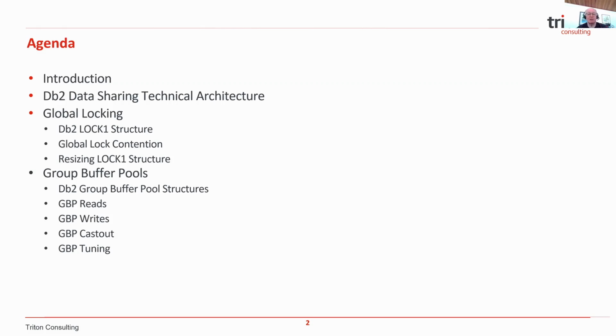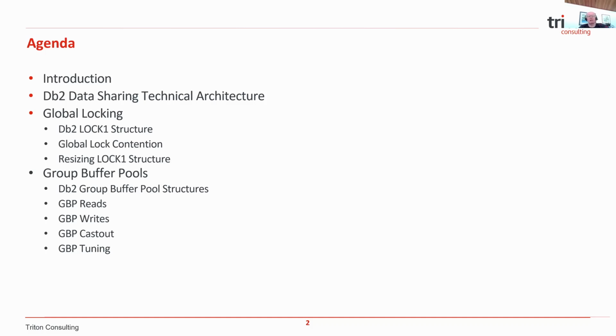I'm then going to give a short introduction about the Db2 data sharing architecture before I then deep dive first of all into global locking. We're going to have a bit of a deep dive inside the lock structure, how it looks inside, global lock contention, and resizing it, and giving you some rules of thumb about whether or not you've got problems to do with the lock structure.